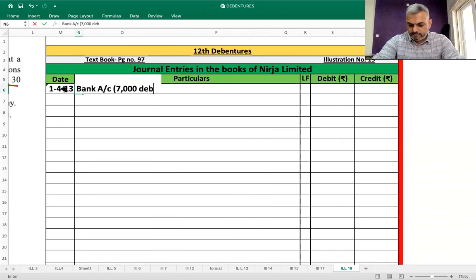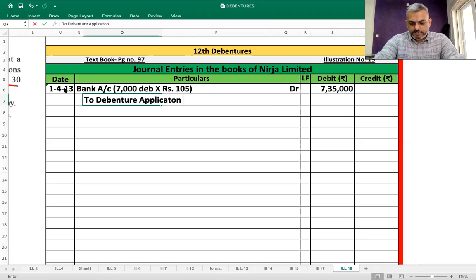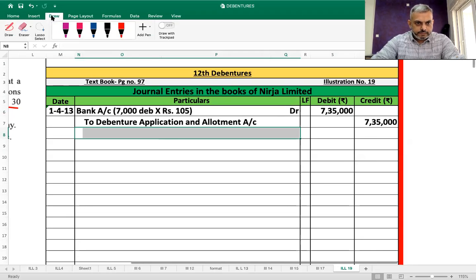So, 7,000 debentures into rupees 105 because they are issued at a premium. So 7,000 into 105. 7,35,000 to debenture application and allotment account. 7,35,000. Close it.